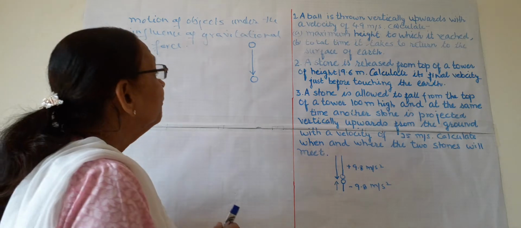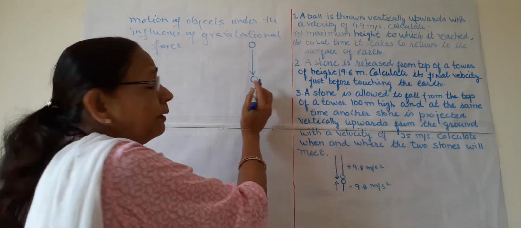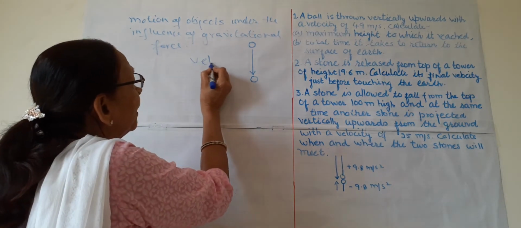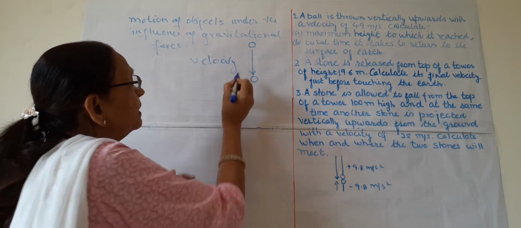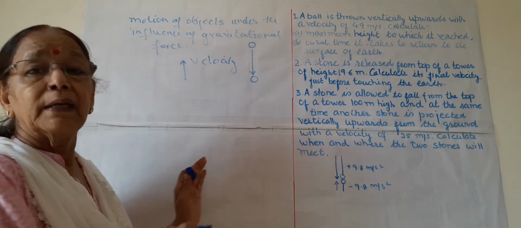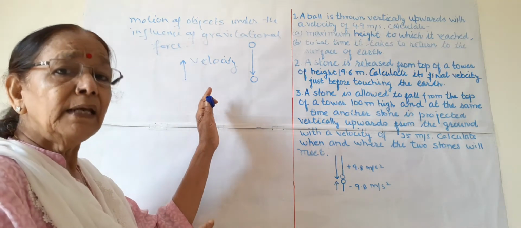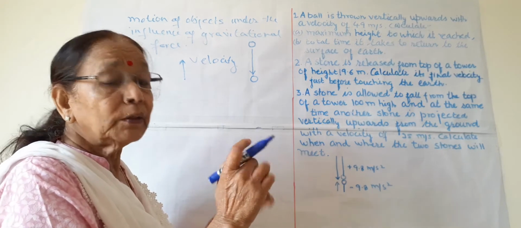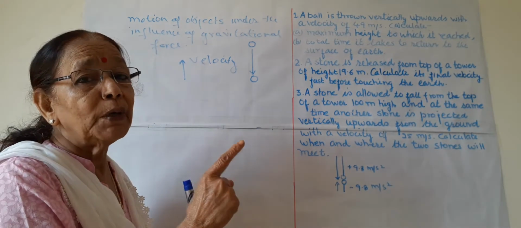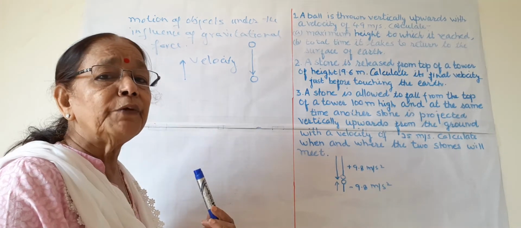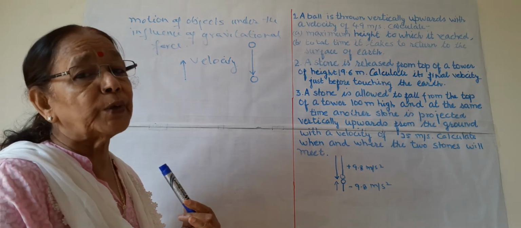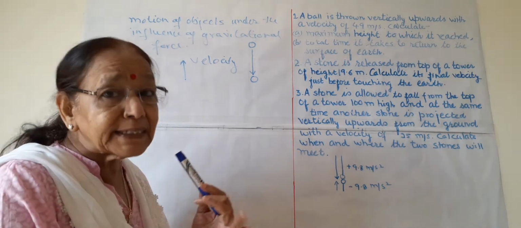We also know that when an object is coming down towards earth, it has some velocity, and this velocity keeps on increasing, and the change in velocity is uniform. Not the velocity is uniform, the change in velocity is uniform. When the change in velocity is uniform, there is an acceleration, and this acceleration is known as uniform acceleration.